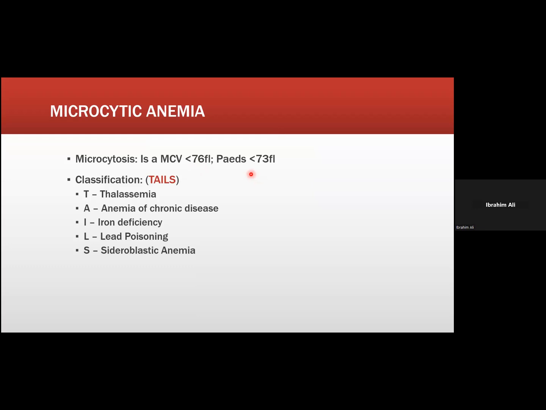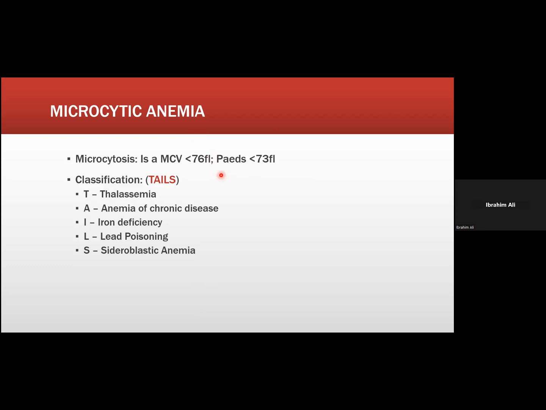So if it is above 96 femtoliters, we'll say this patient has macrocytic anemia. And if it is below 76, we'll say this patient has microcytic anemia.